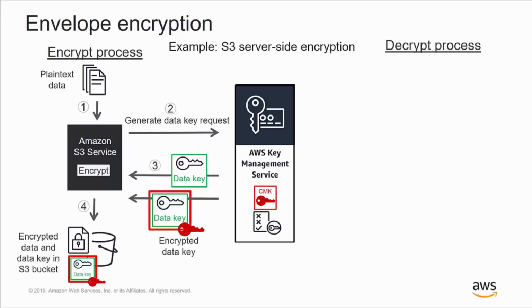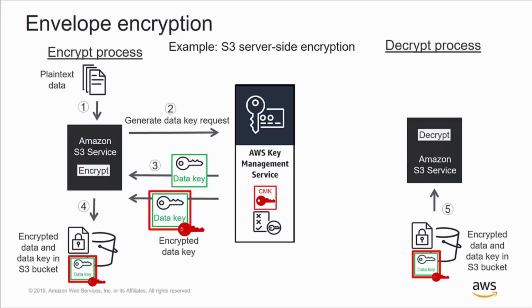When we think about decryption, it's essentially the reverse situation. So encrypted data and the encrypted data key are retrieved from the S3 bucket. S3 provides the encrypted data key back to KMS. KMS determines whether or not the user in this particular context is allowed to decrypt that data key using the master key, the CMK, according to policy.